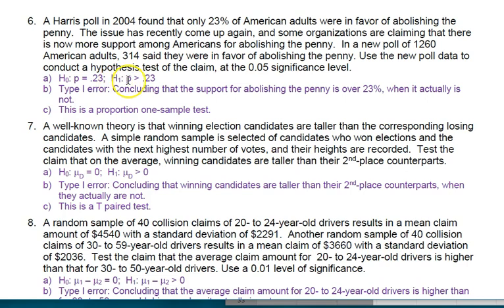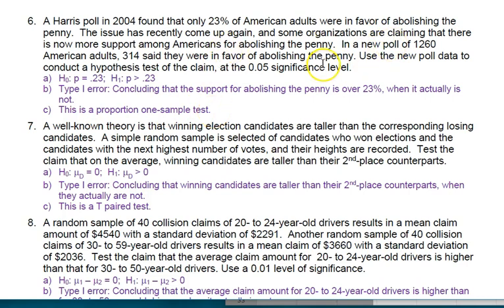Our alternative hypothesis would be p, because we're talking about a percentage or a proportion, greater than 0.23. So our null hypothesis would be that p is equal to 0.23. A type 1 error would be concluding that that claim is true when it actually is not. And this, since we're talking about a p here, this would be a proportion one-sample test.